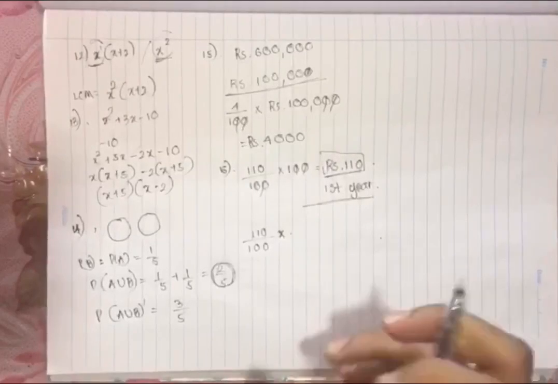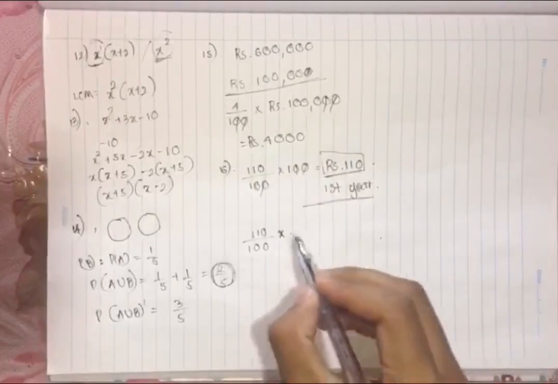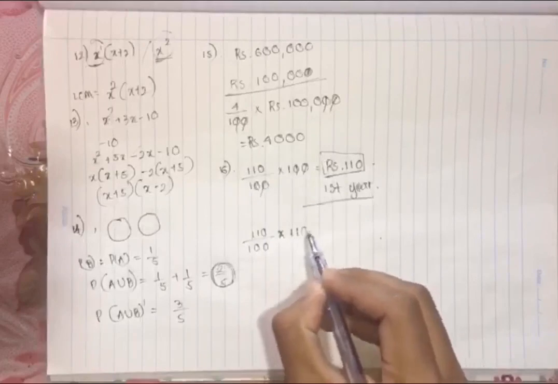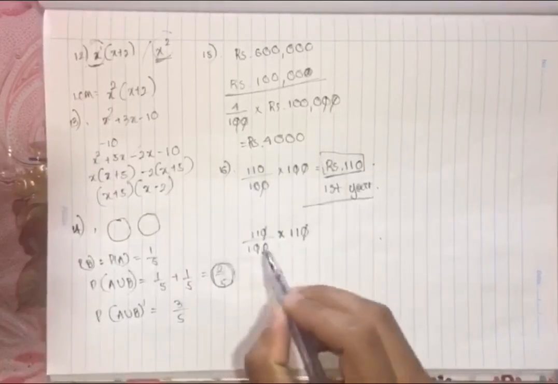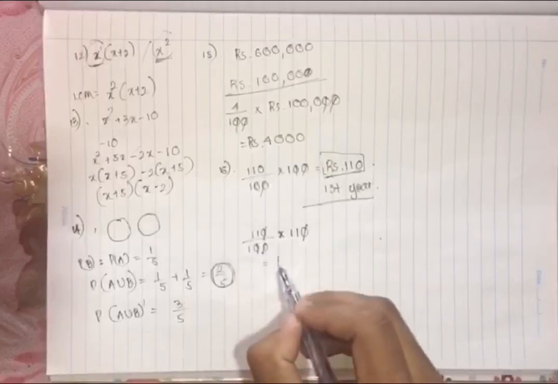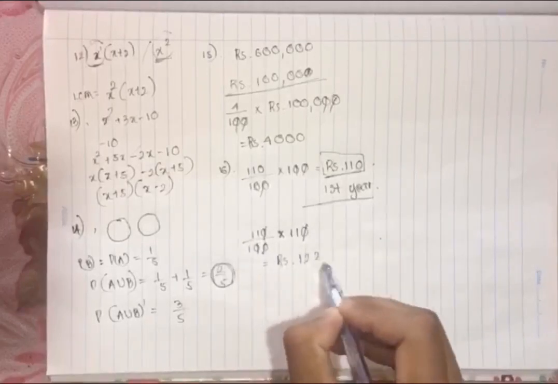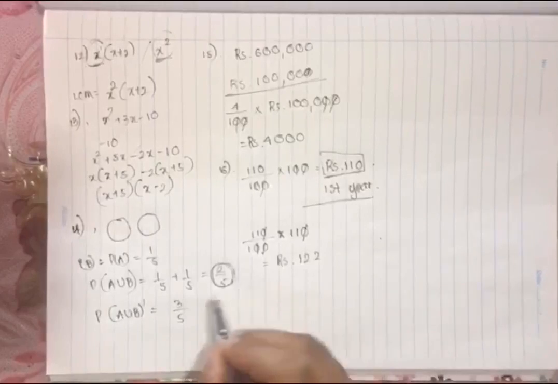What is the total in the bank with the interest? So you have altogether 110. This is the way of solving. So how much is this? 11 into 11, so 122 rupees. This is the total amount.